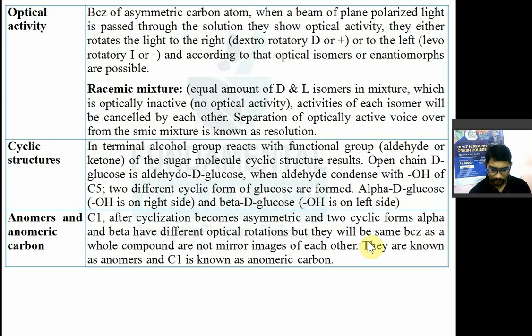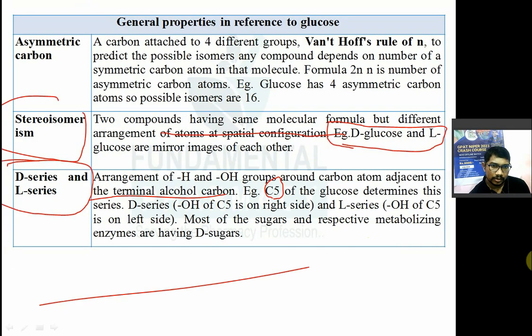If the hydroxyl group on carbon number 5 is on the same side, the right side, as the alcohol group of the terminal carbon, it is known as the D series or dextrorotary. That is, the hydroxyl group of C5 is on the right side. Now L series means the hydroxyl group of carbon 5 is on the left side.